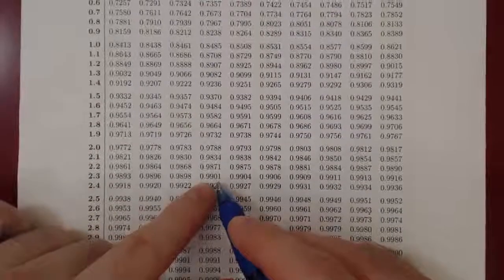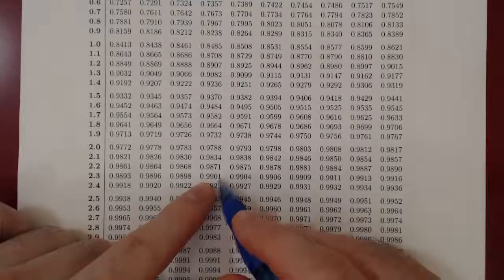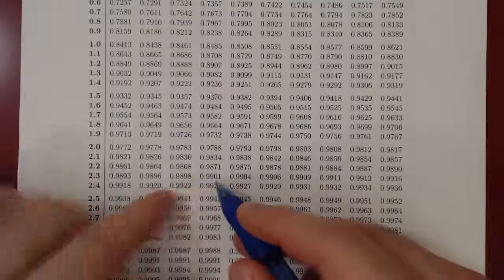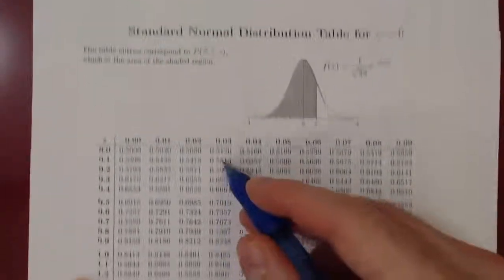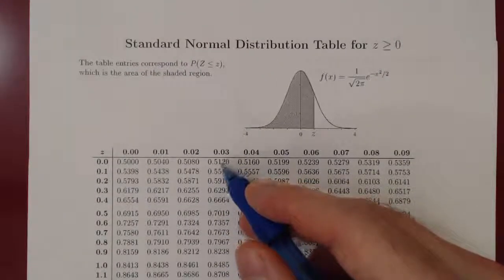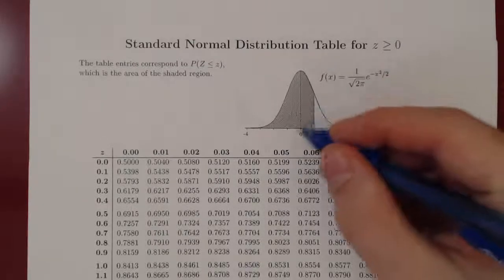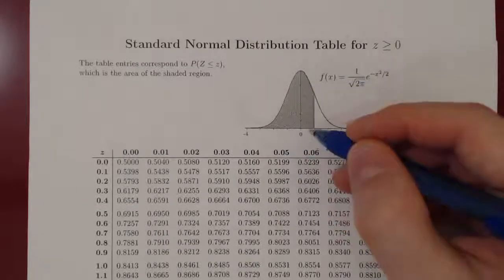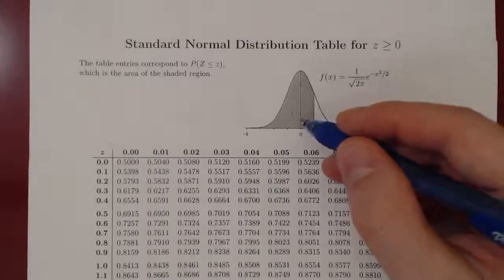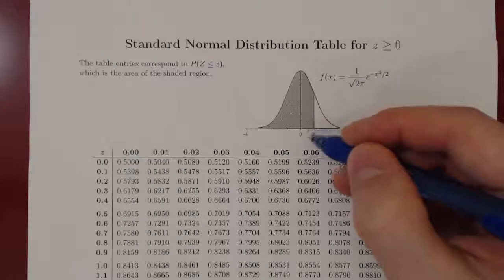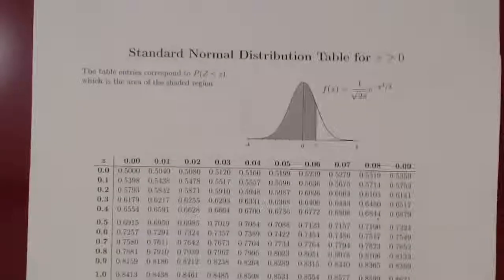And if you notice, it's right here, 0.9901. And so the corresponding z-score is 2.3. Let's move up: 2.33. So you see, if the z-score is 2.33, the area to the left is 0.99, and this is what we have. Therefore, the area to the right is 0.01, and so our z value is 2.33. So we're good to go.